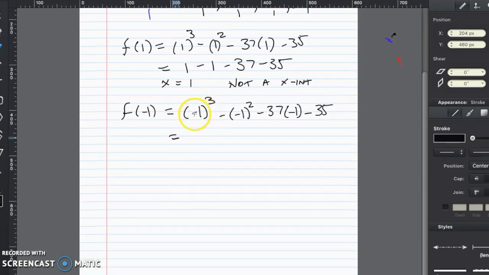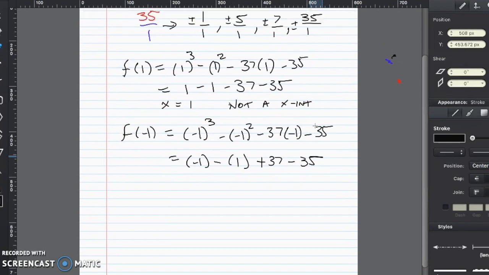Negative 1 cubed is negative 1 times negative 1 times negative 1, so that's going to give me a negative 1. Minus negative 1 squared, this time is negative 1 times negative 1, so that's just going to give me a 1. Negative 37 times negative 1 is going to give me a positive 37, and a minus 35. So all I did was check these first two terms, negative 1 and positive 1, and the first one didn't work out.